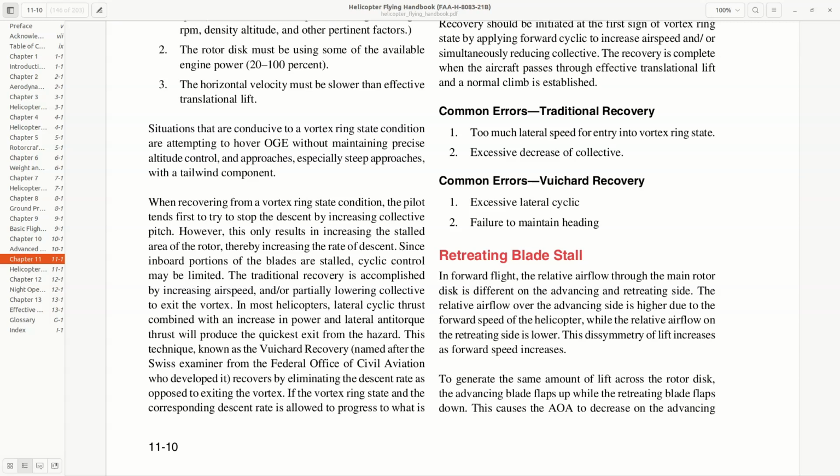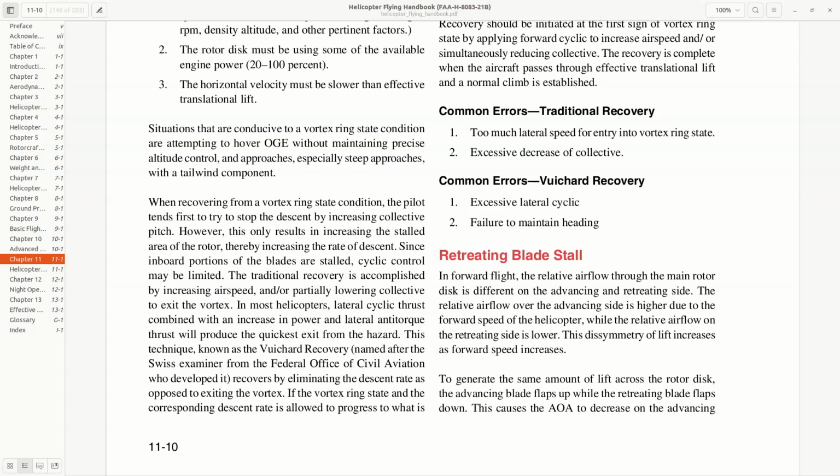Okay, so the first thing we're going to talk about is retreating blade stall. So what's that all about? As you already know, the retreating blade is getting a lower airspeed of airflow over it than the advancing blade. So of course, when that happens, the retreating blade flaps downward, and that increases the angle of attack.